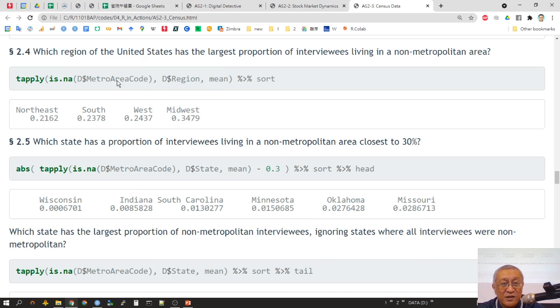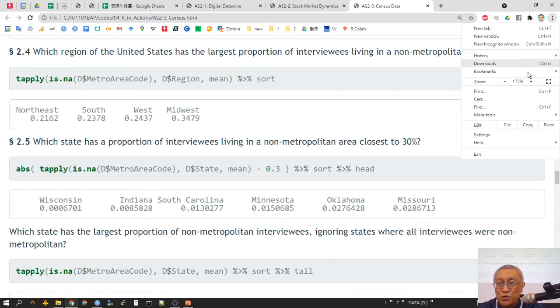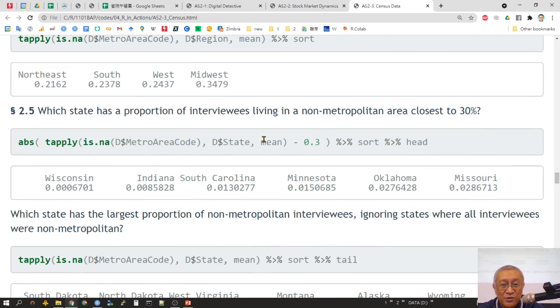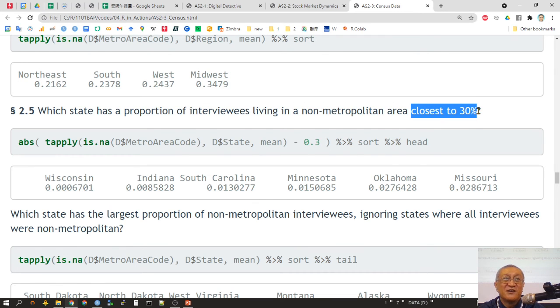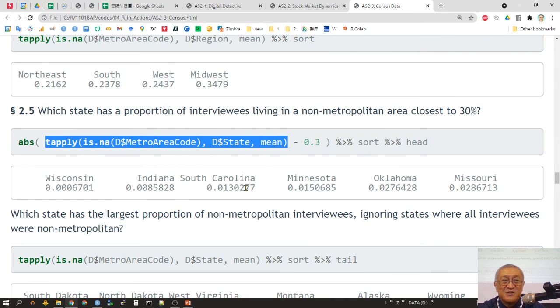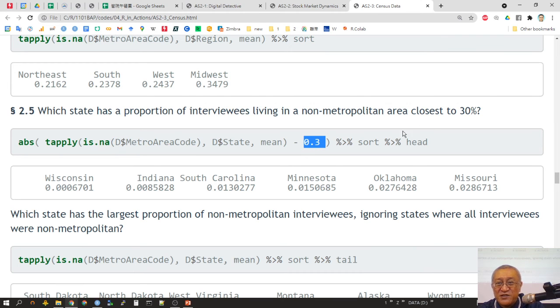We are here already, and we may need to do some explanation about this one. Which state has the proportion of interviewees living in a non-metro area closest to 30%? After I acquire the ratio of NA in metro area, I need to calculate its difference from 30%.